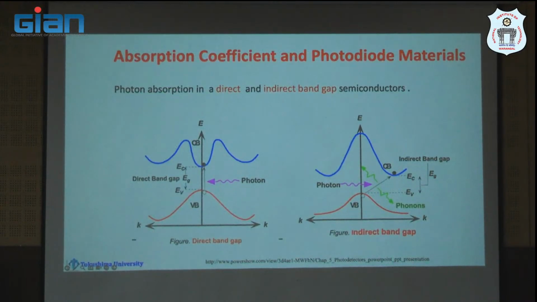So photon absorption can be in a direct or indirect band gap semiconductor. It depends on what type of material you use for this kind of photodiode material. There are various types of material that can be used for photo detectors.